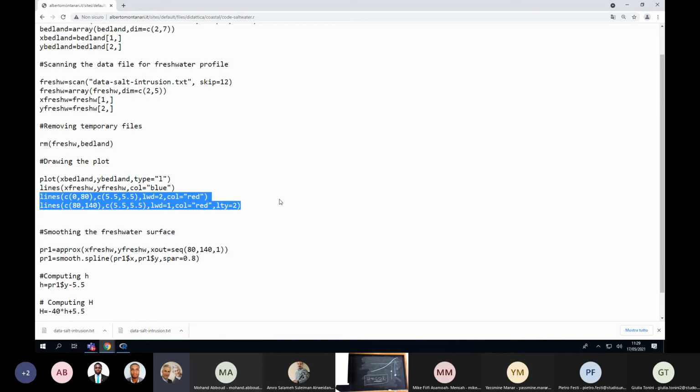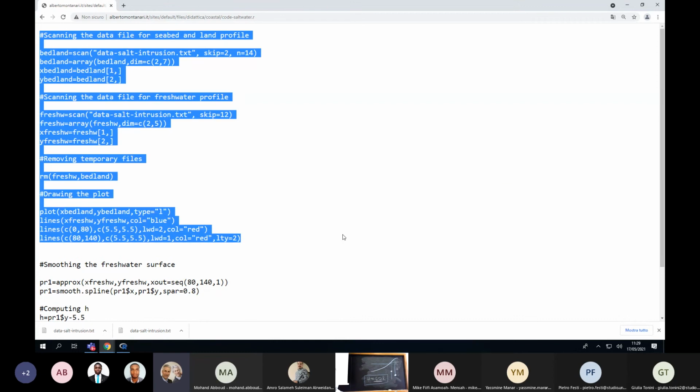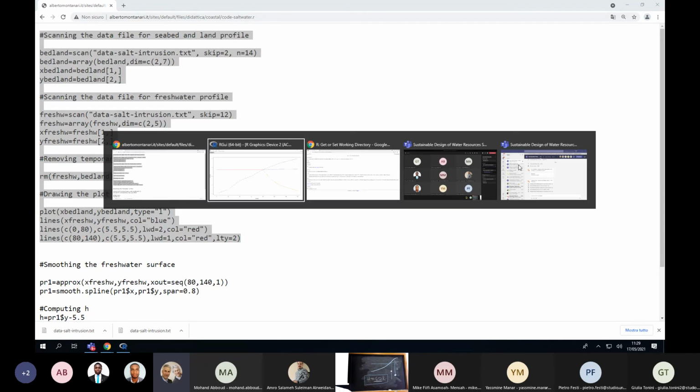It is a continuous line for the sea level from the side of the sea, and a dashed line, with the option lty, for the sea level into the land. So basically, if you cut and paste everything so far, you get the picture, and I go to the R console.